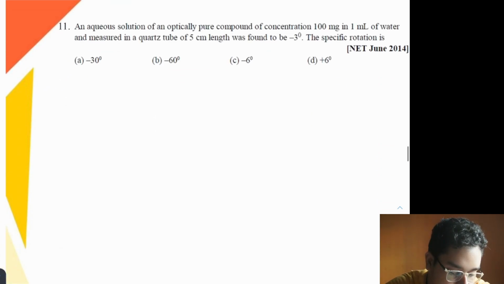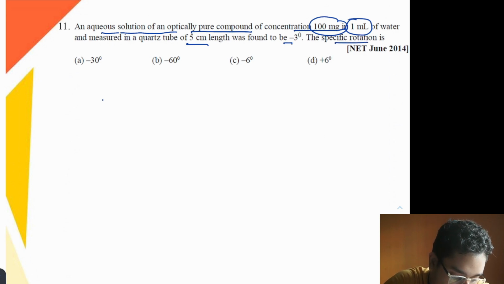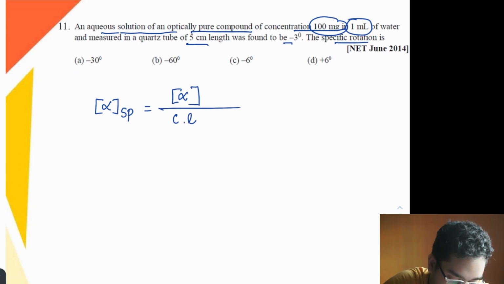So the next question says that an aqueous solution of an optically pure compound of concentration 100 milligram in 1 ml water, measured in a quartz tube of 5 centimeter length, was found to be 3 degrees. So we are taking the specific rotation formula, alpha equals alpha over c l.